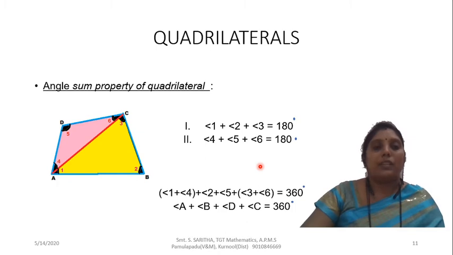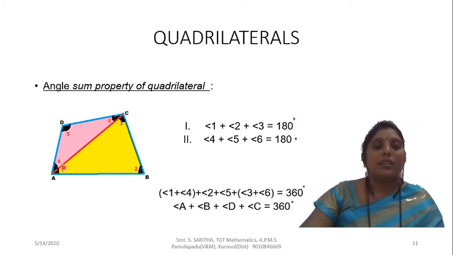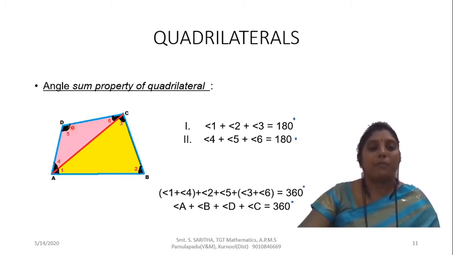Angle sum property of a quadrilateral. The angle sum property of a quadrilateral concerns the sum of the four angles in a quadrilateral. We have four angles, angle A, angle B, angle C and angle D. How do we find the sum of the four angles in a quadrilateral?